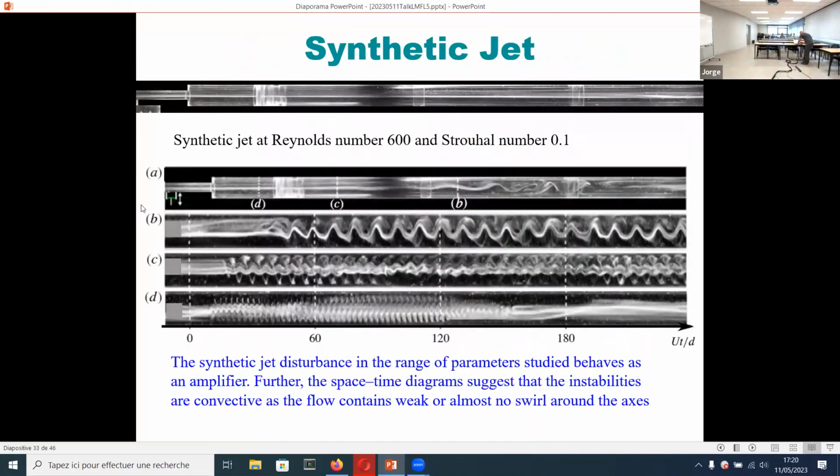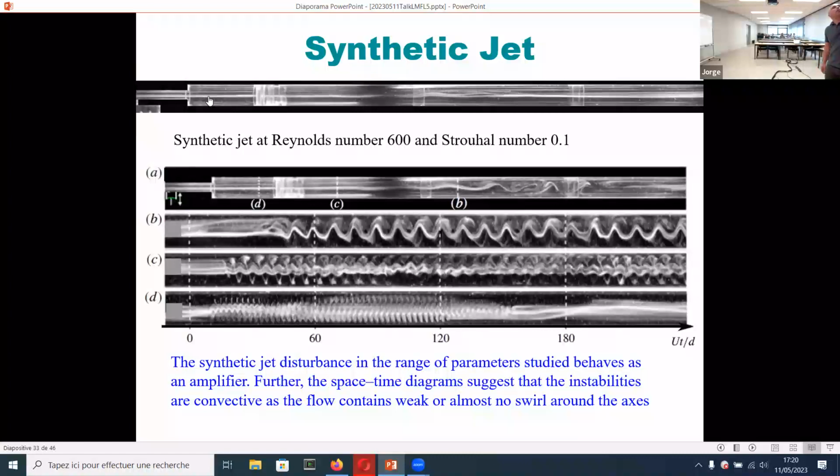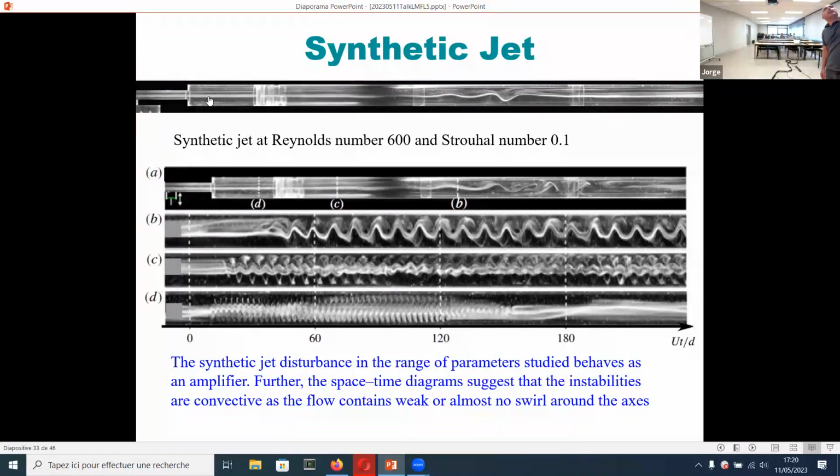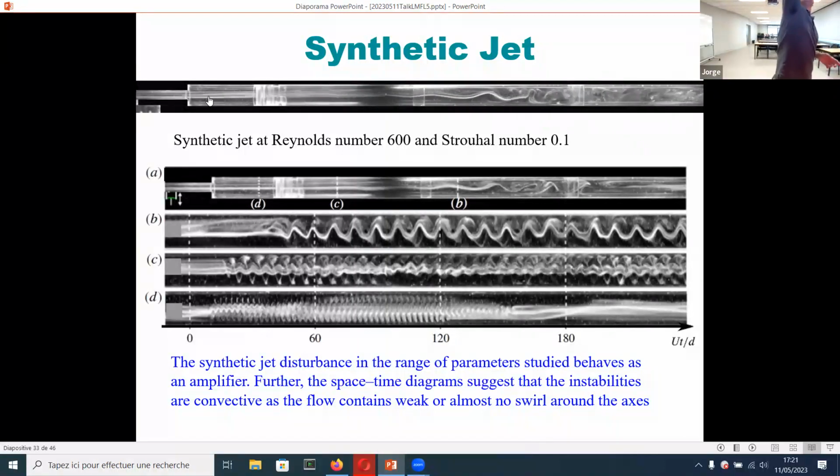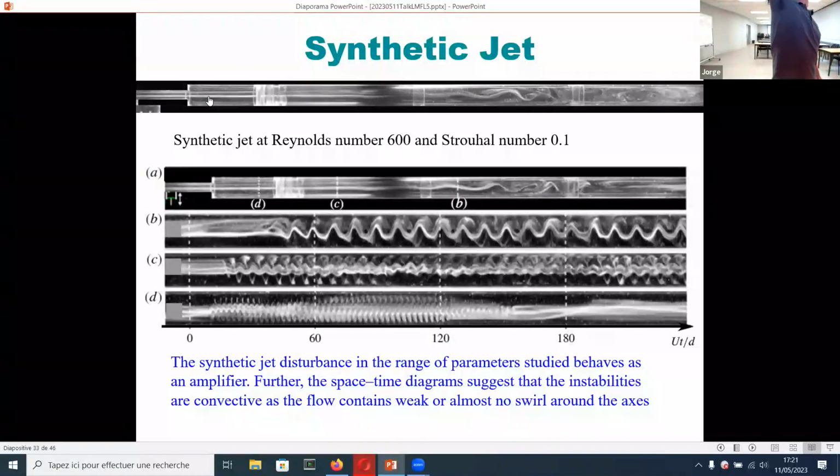So here is a movie of the synthetic jet in the sudden expansion. There is a dye here. You see that the synthetic jet creates oscillations. These oscillations grow. And to represent the amplification of the disturbances, we take vertical lines, B, C, D, and for each line, we do a space-time diagram.